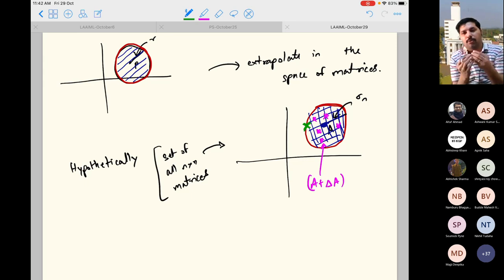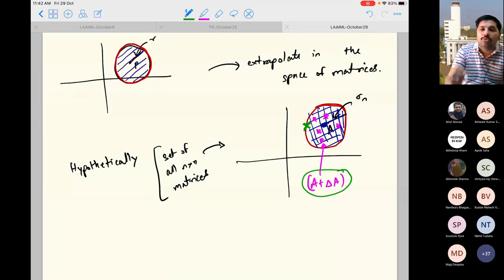So if you perturb your matrix a little bit, you are close by and you are inside this circle of radius sigma n, then you are guaranteed that A plus delta A also continues to be a full rank matrix. Do you understand that? Is this point clear?